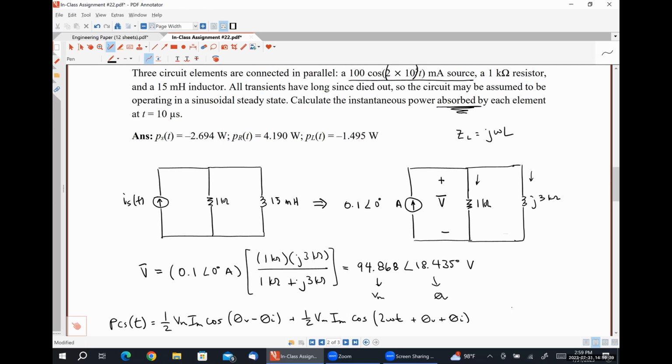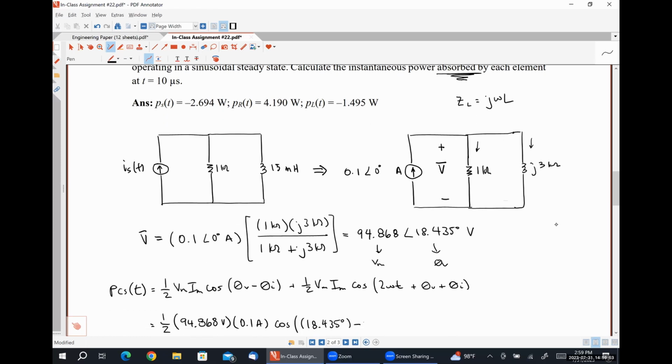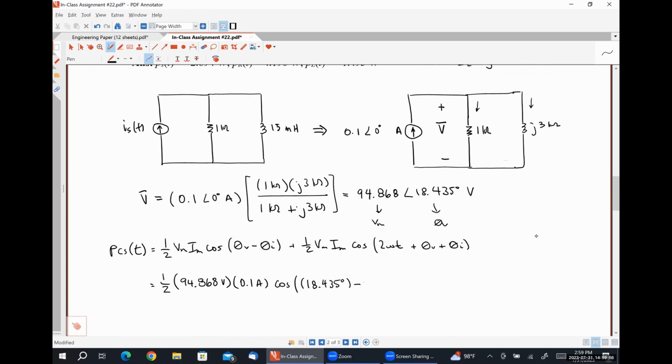Because as we have it right now, the current is flowing into the negative polarity terminal, which means if we use 0 degrees, we're calculating the power supplied. So we can take care of this simply by changing the angle of our current by exactly 180 degrees. Because that is the exact same thing as multiplying by a factor of -1.